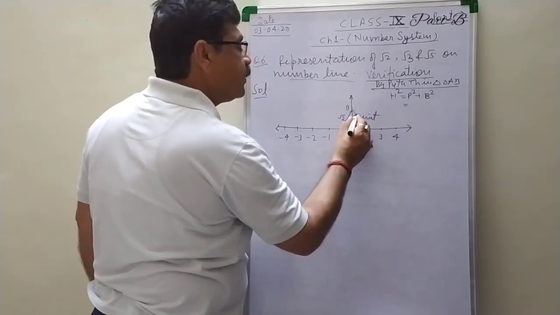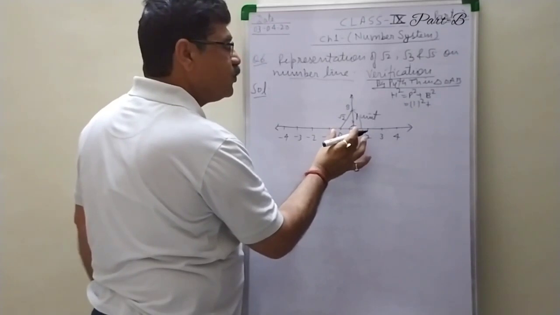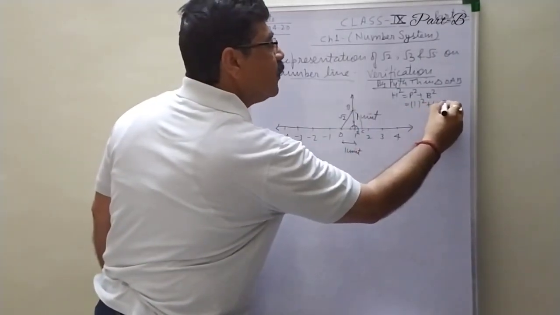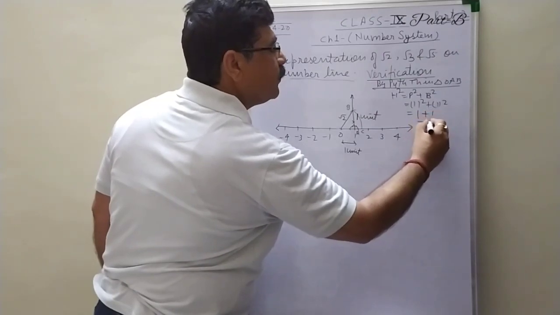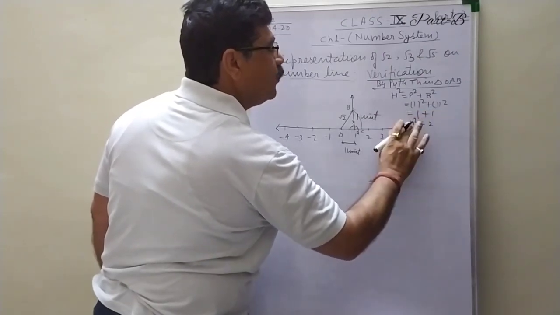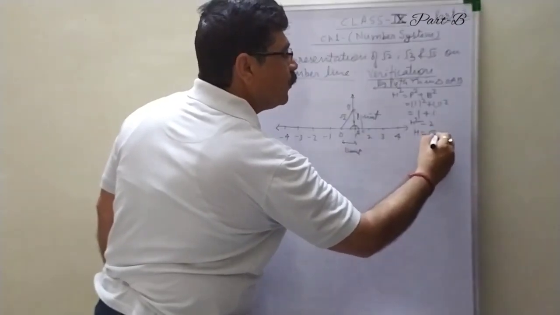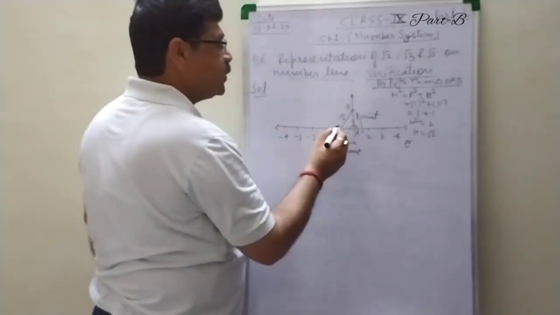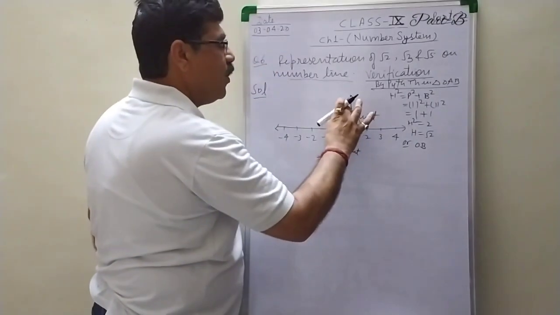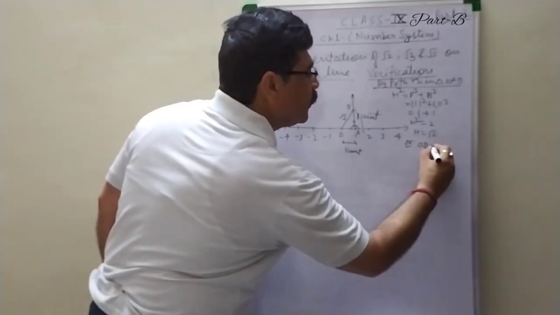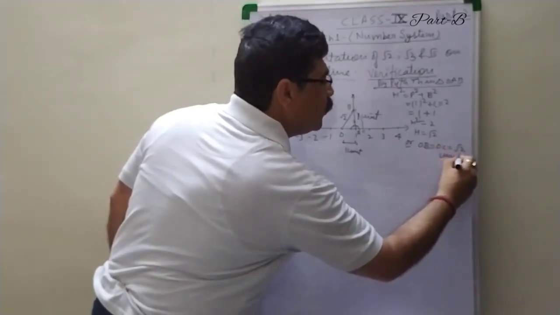Perpendicular is 1 unit and base is also 1 unit. 1 square is 1 and this is also 1, so this is 2. H square is equal to 2, so h is equal to root 2. And what is h? OB. So distance OB is also equal to OC, which is root 2 units.